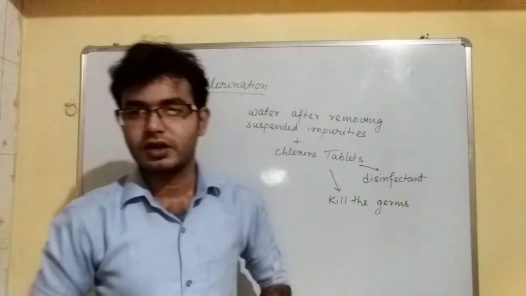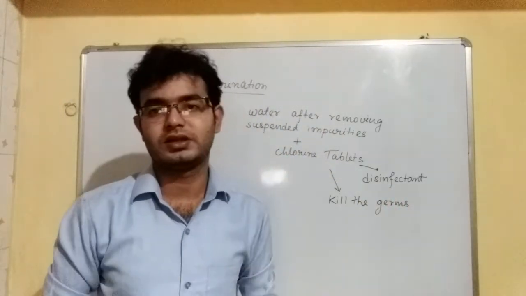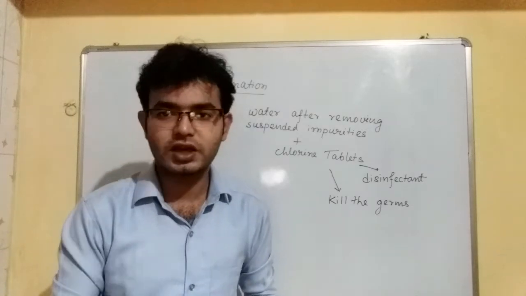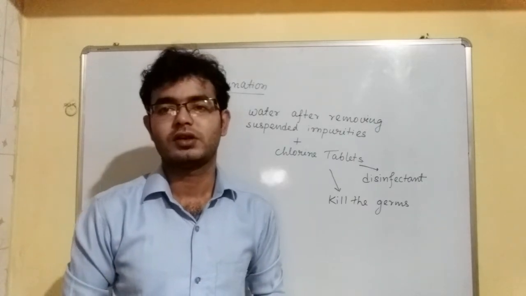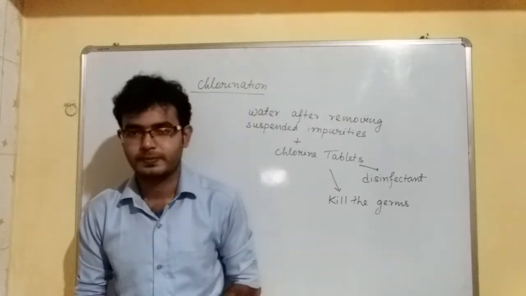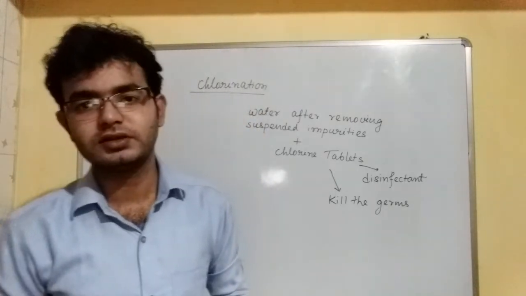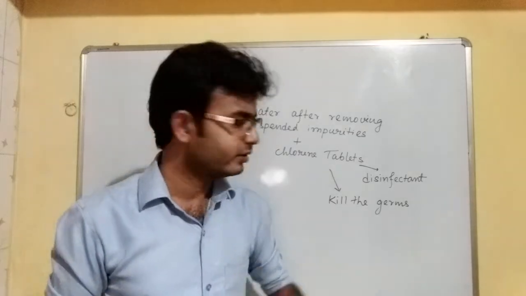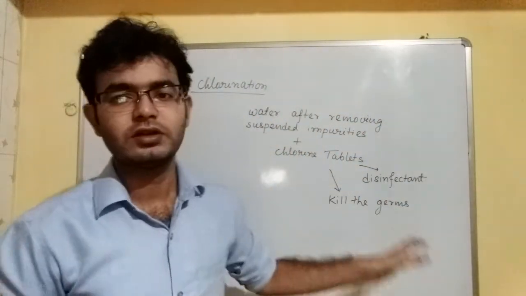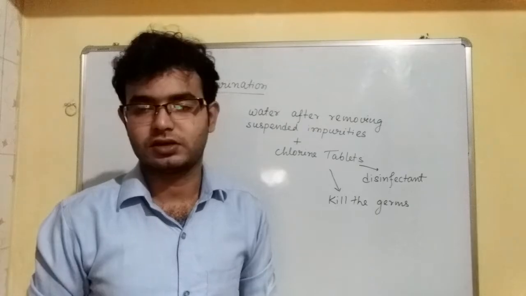Now, after doing this, we can use that water for drinking purposes. So the function of the chlorine tablet is to kill the germs, and this total method is called chlorination.